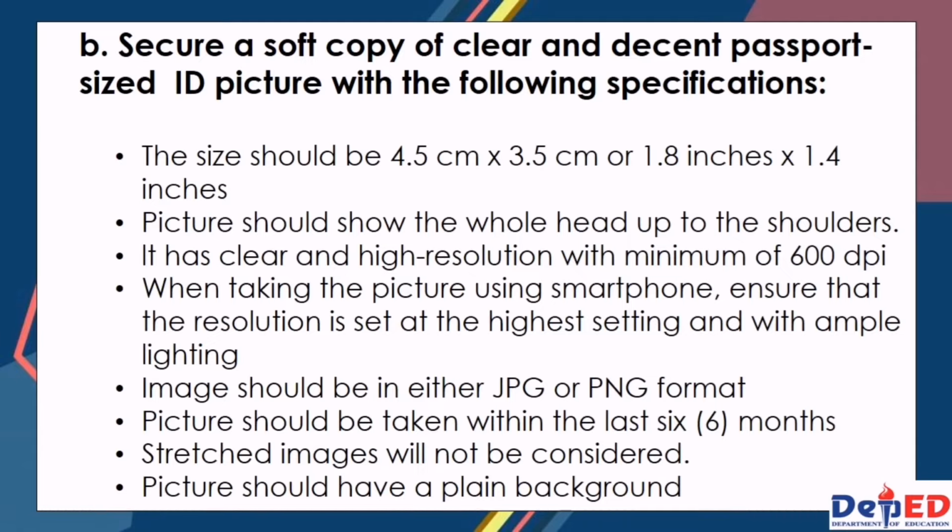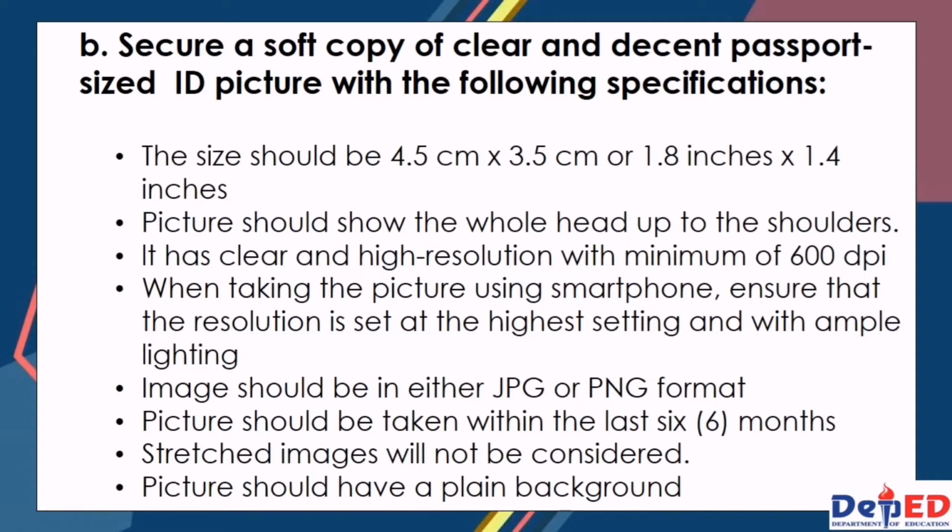Then the second procedure, secure a soft copy of a clear and decent passport size ID picture with the following specifications. First, the size should be 4.5 cm by 3.5 cm or 1.8 inches by 1.4 inches. Second, the picture should show the whole head up to the shoulder.